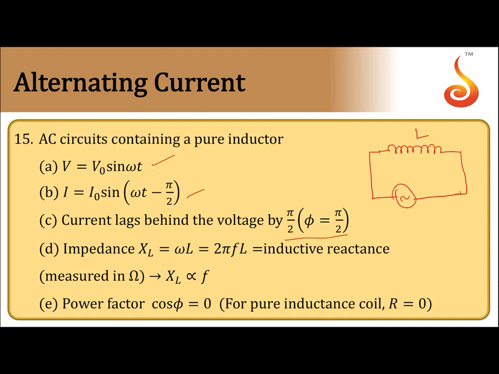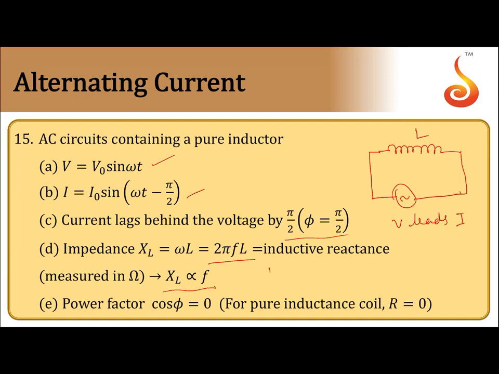So voltage leads the current, V leads I. Impedance of the circuit is given by omega L, that is 2 pi f L, where omega is angular frequency of AC, f is frequency of AC. So XL is directly proportional to f. This is what we call inductive reactance. So inductive reactance is directly proportional to frequency. As frequency increases, inductive reactance increases.